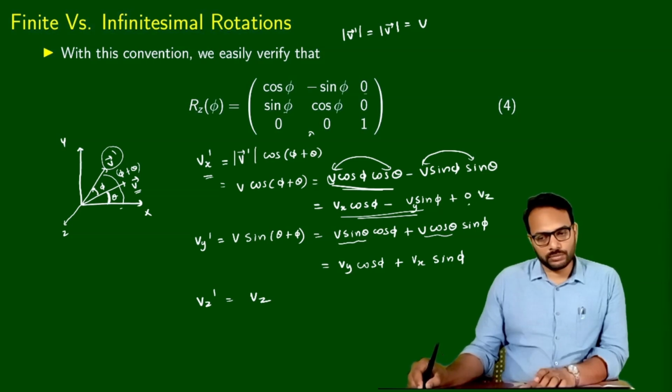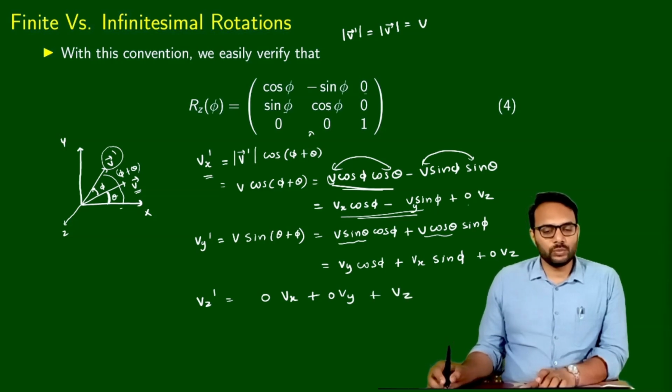There's no contribution from vz here. Here it's vy cos phi plus vx sin phi plus 0 multiplied by vz. And vz prime is vz itself. So we can write this as 0 multiplied by vx plus 0 multiplied by vy plus 1 multiplied by vz. This is vz prime.